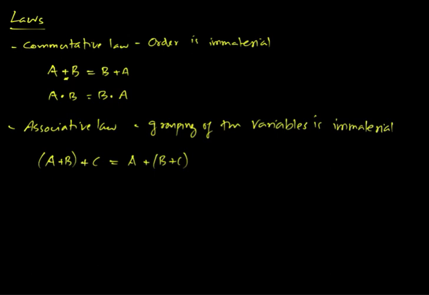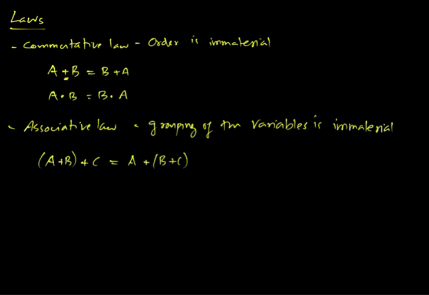On the LHS, first we are doing the logical addition of A and B, and the result is logically added with C. On the RHS, we are logically adding B and C first, and the result is added with A. Both operations give the same result. That means the grouping of the variables is immaterial in logical addition.